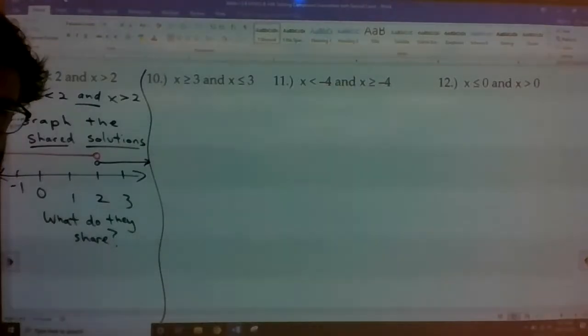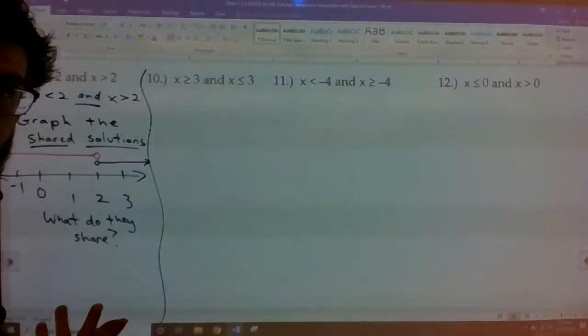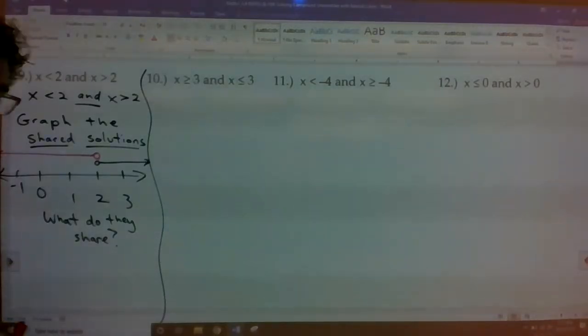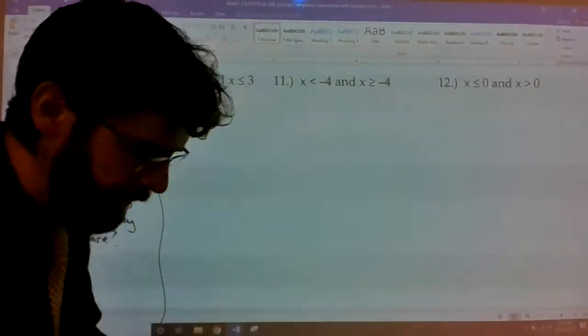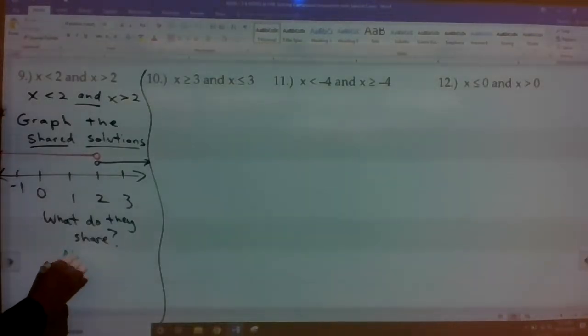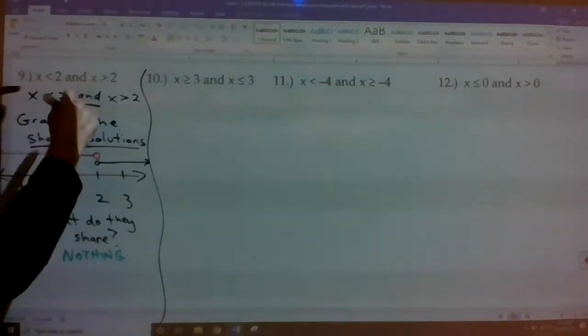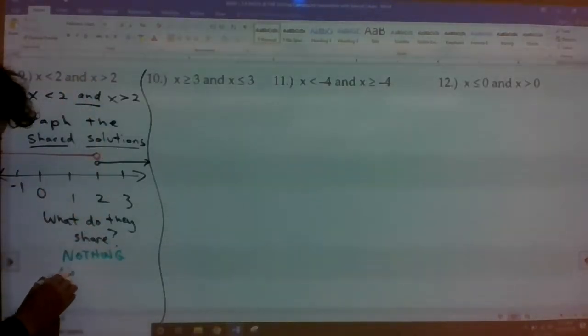If they're both open circles, they are not existing there. They actually don't share 2. They don't share anything. It's no solution. So if you see something like this, it's a no solution scenario.